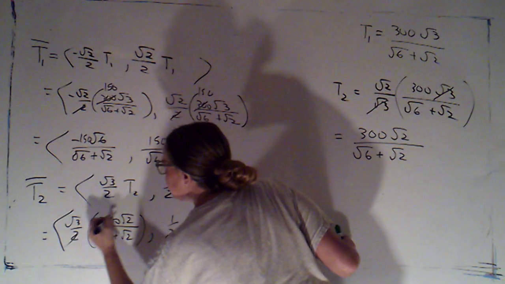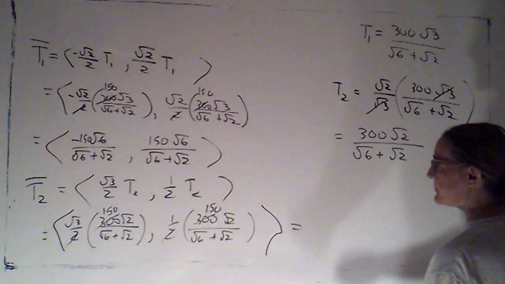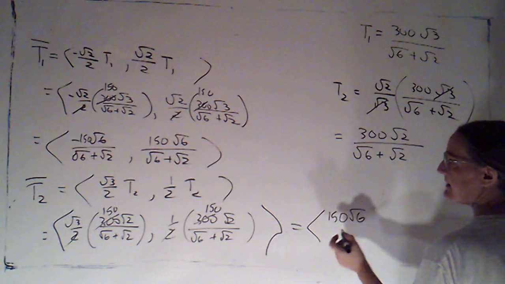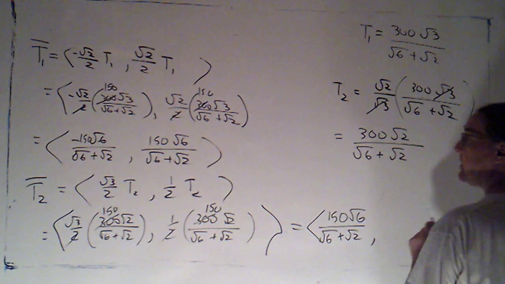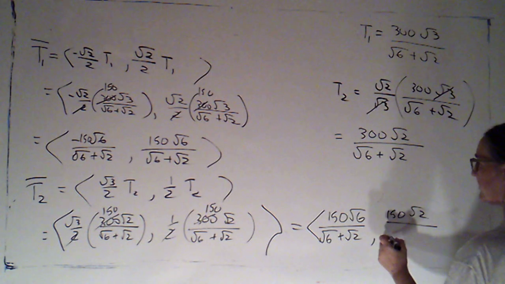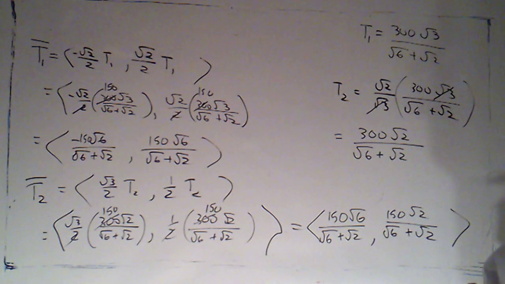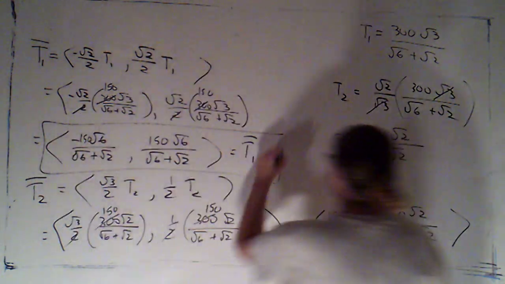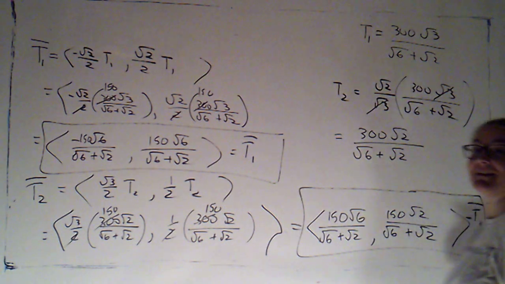Again, the 2's are going to cancel to give me a 150. So we will have 150 root 6 over root 6 plus root 2, comma, 150 root 2 over root 6 plus root 2. So that's my T1, and that's my T2, the vectors that we have.